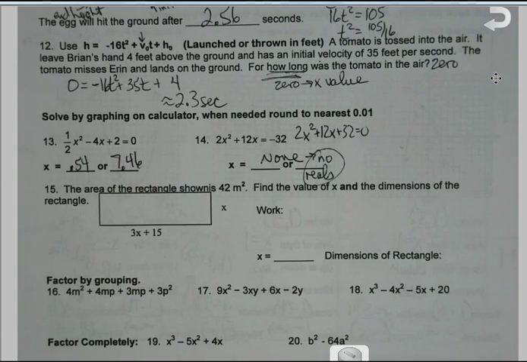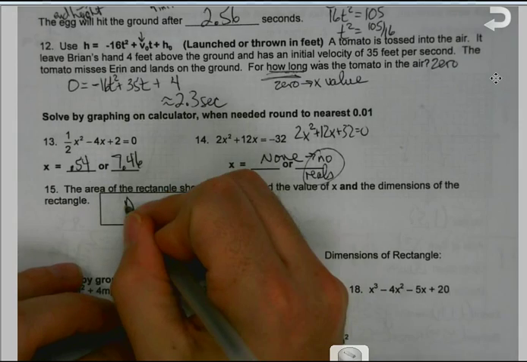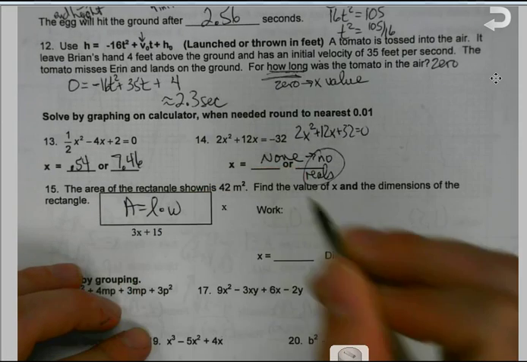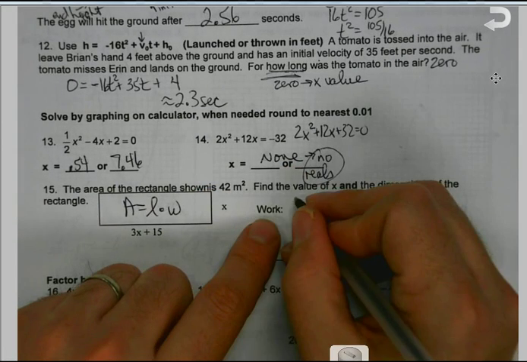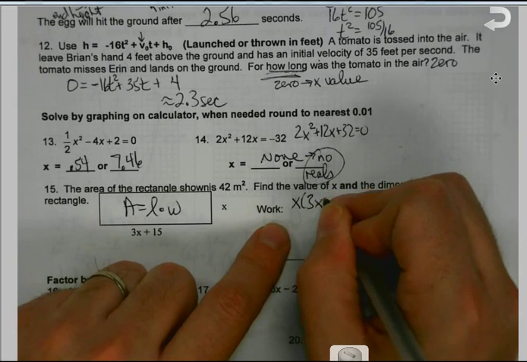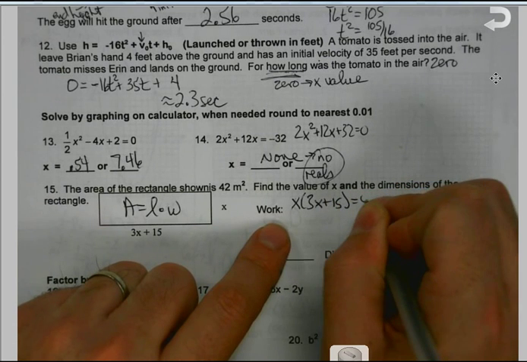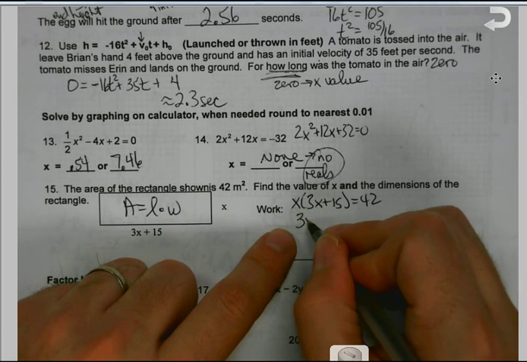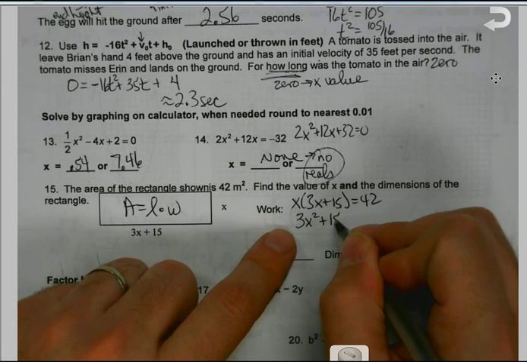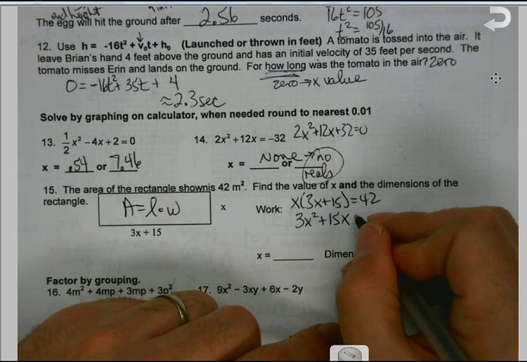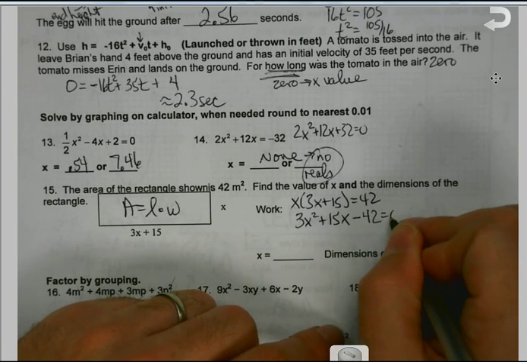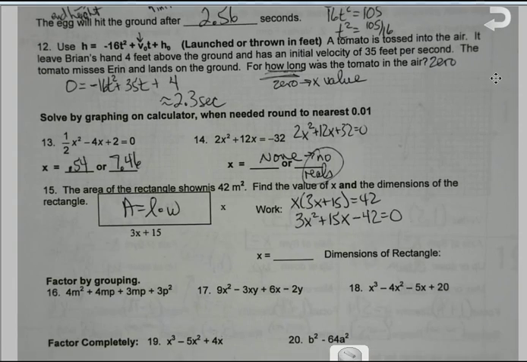So down below, the area of a rectangle shown is 42 meters. Area is length times width. So I've got my length times width equals the area. I'm going to distribute this out. And I'm also going to bring my 42 over, because depending on how I'm going to go about solving this, I'm going to need it this way anyway.